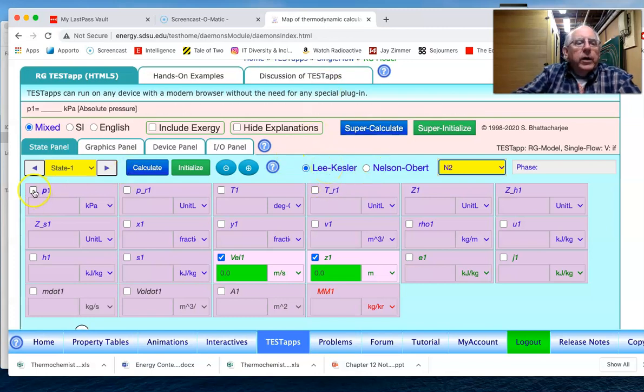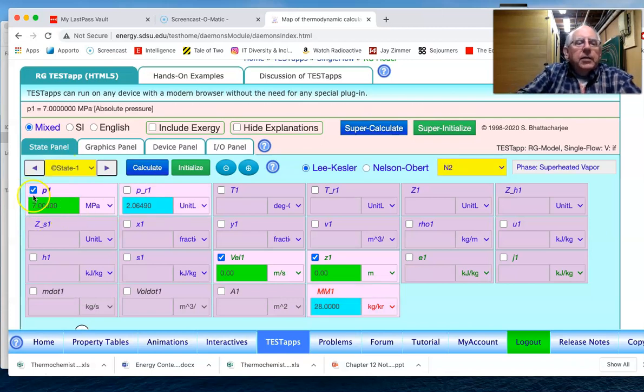And so what we know about this is that it comes in at 7 megapascals. So we can put in our value of pressure. It immediately, for nitrogen, figures out that the critical pressure for nitrogen is about 3.5 megapascals, and so our reduced pressure is about 2. We then can put in our temperature.